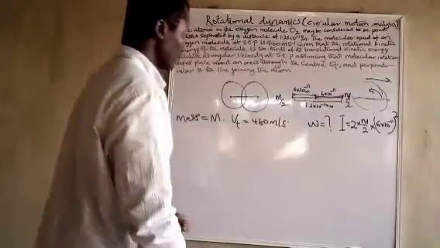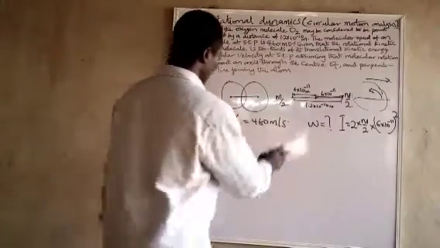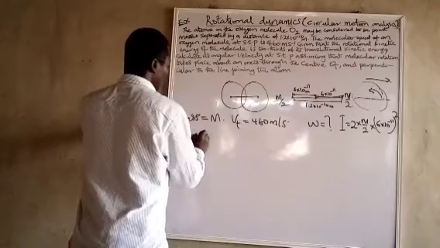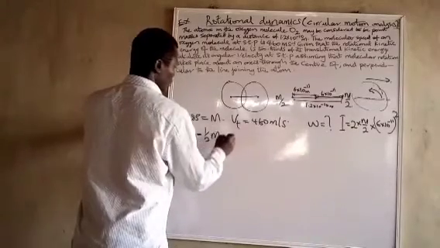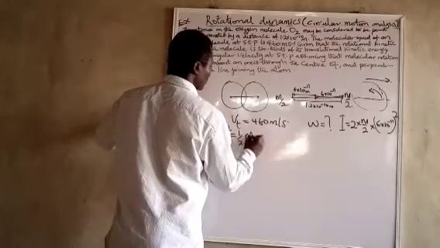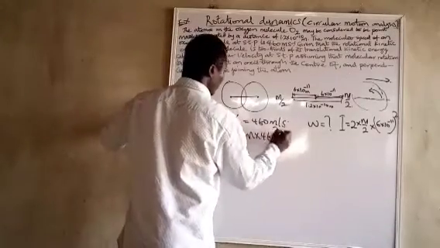So that's our I. Let's find the translational kinetic energy, which is half m v squared, which is half m times 460 squared.